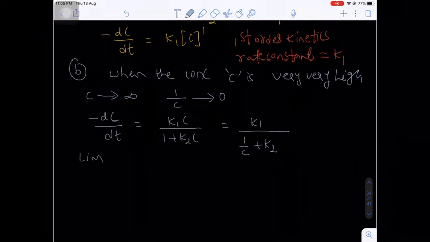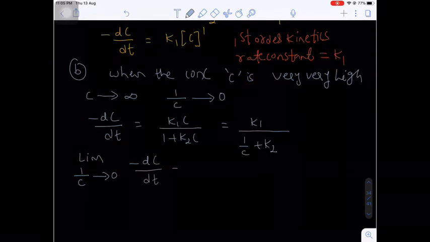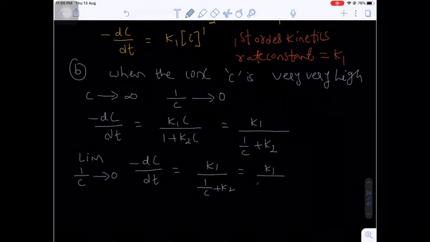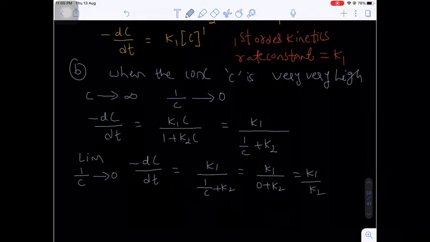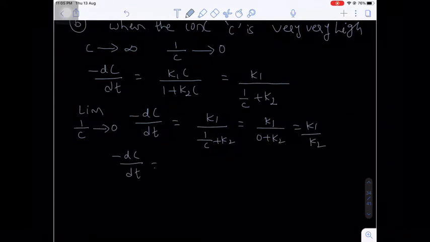Now limit 1 by C tending to 0. What about minus dC by dt? That is K1 upon 1 by C plus K2. Now 1 by C tends to 0, so I write K1 by 0 plus K2, so finally K1 upon K2. So the rate equation minus dC by dt gives only K1 upon K2.